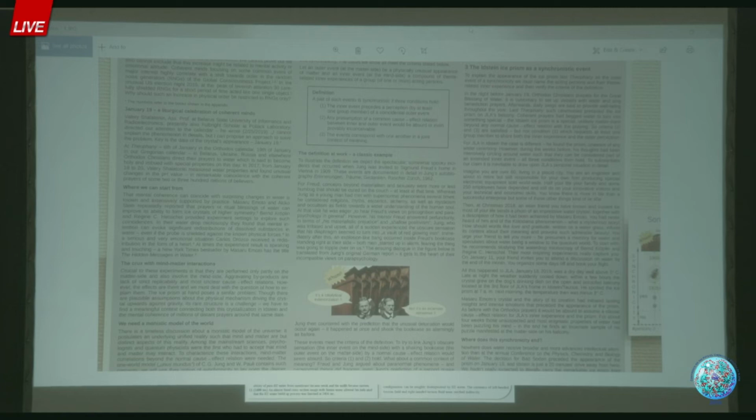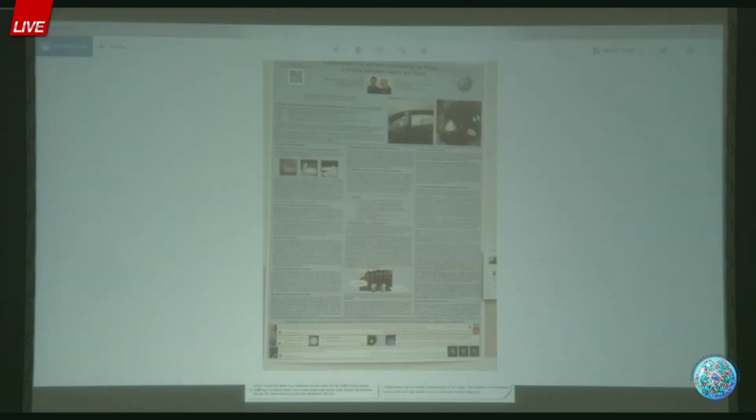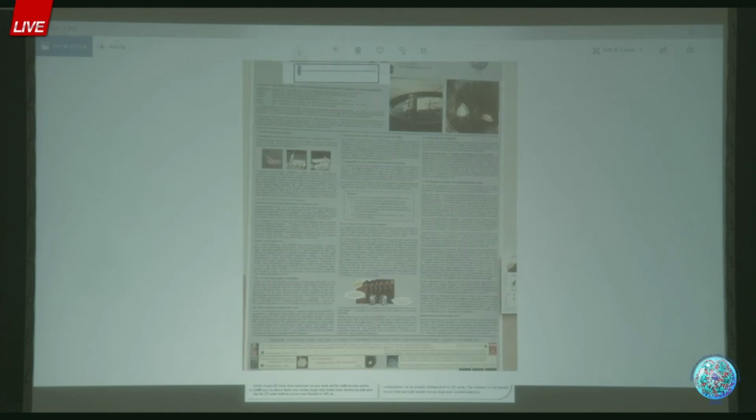And in the third column of our poster, we verify that the Idstein ice prism really is a synchronicity. So if I now could have the second slide. We would like to show you what this definition achieves. And it might surprise you.